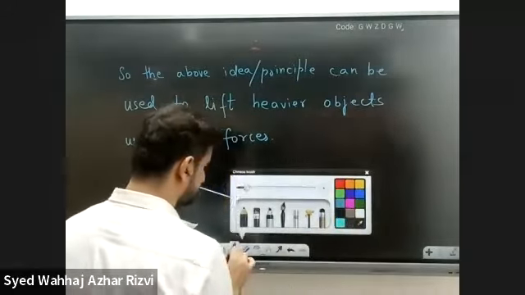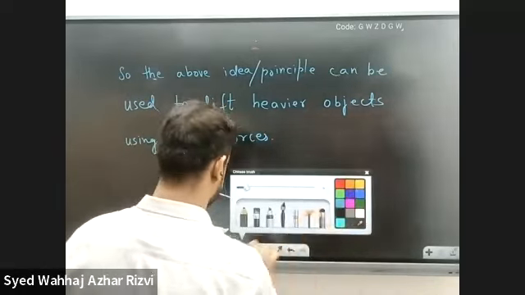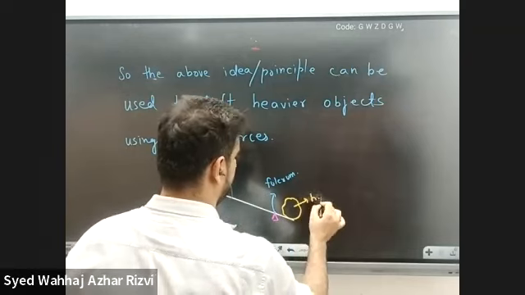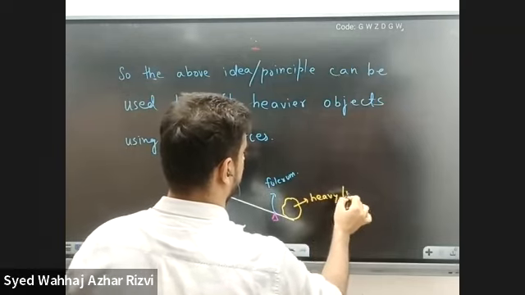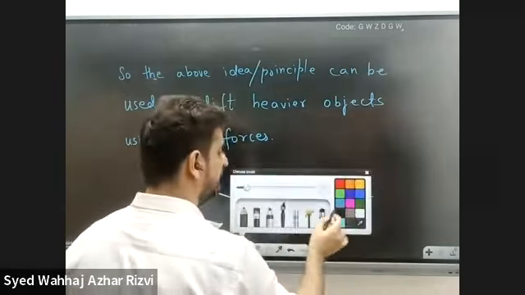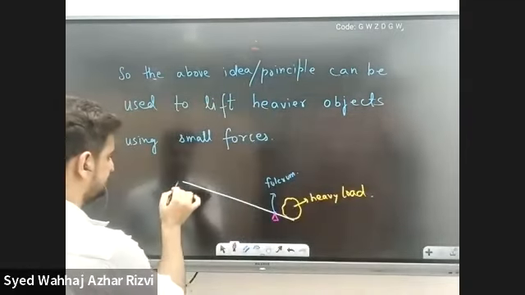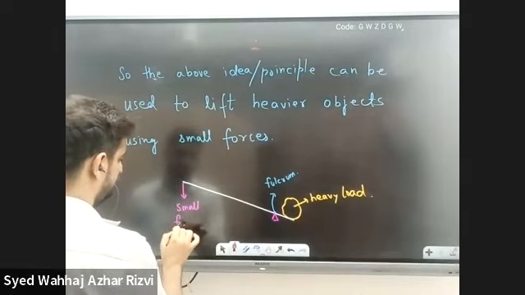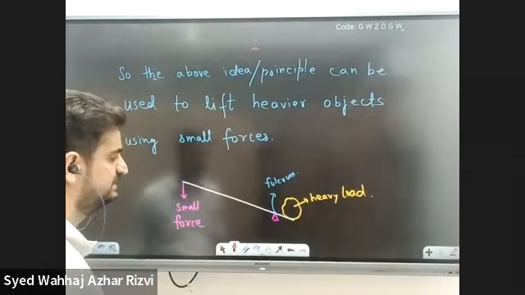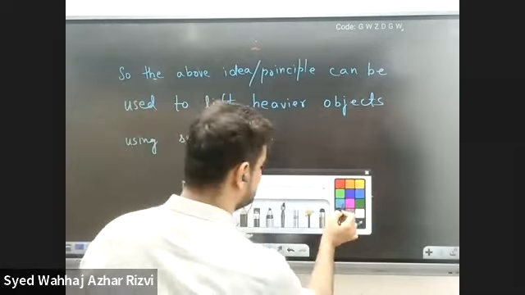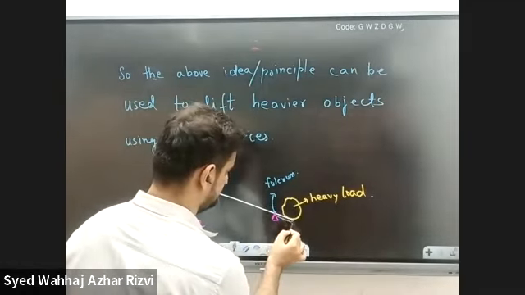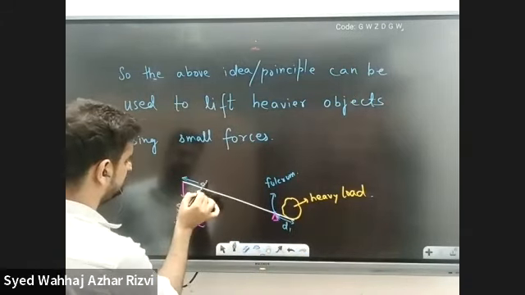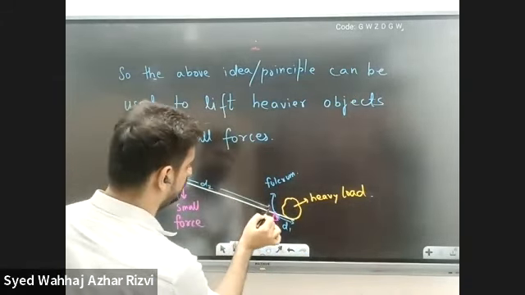And we can put a heavy load at this end, and we can apply a small force at this end. So this distance is d1 and this distance is d2.